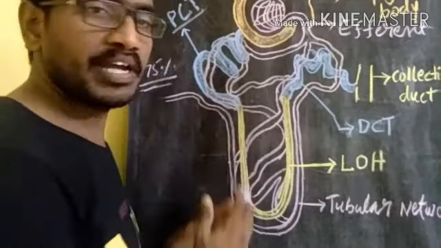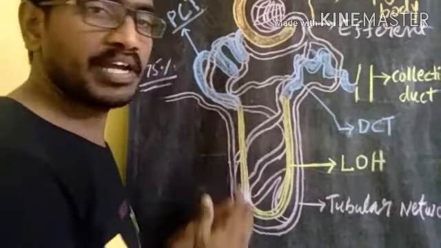Here in the loop of Henle, about 10% of water is reabsorbed into the surrounding tissues, and sodium chloride is also reabsorbed into the interstitial cells.